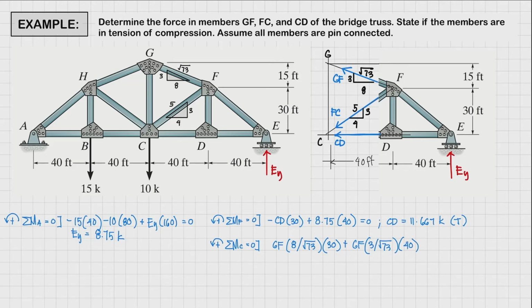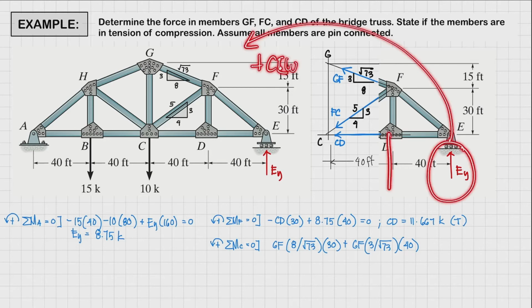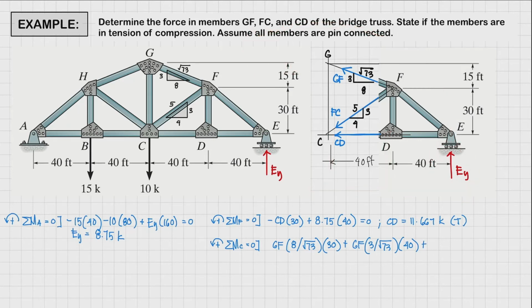Next, we have EY. It's going to rotate again in a positive counterclockwise direction. And the perpendicular distance is going to be 80 feet. So we have here positive EY times 80 feet. And the whole thing must be equal to 0 for us to maintain equilibrium.